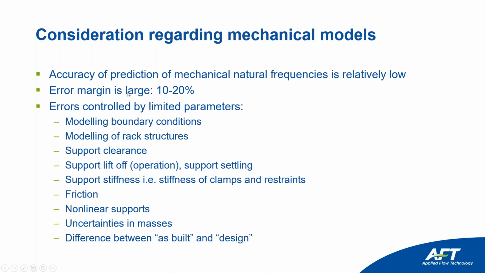The margin of error is around 10 or 20%, and that is due to the fact that there are many parameters that limit the accuracy of the model, which are modeling boundary conditions, modeling of rack structures, support clearance, support lift, support settling, support stiffness of clamps and restraints, friction, nonlinear supports, uncertainty in masses, differences.